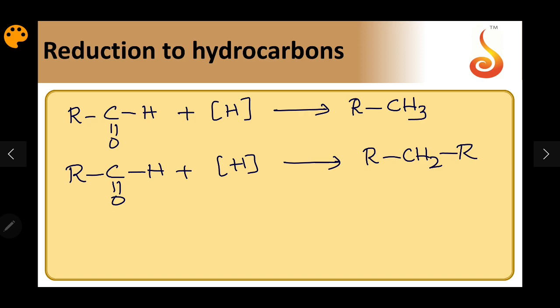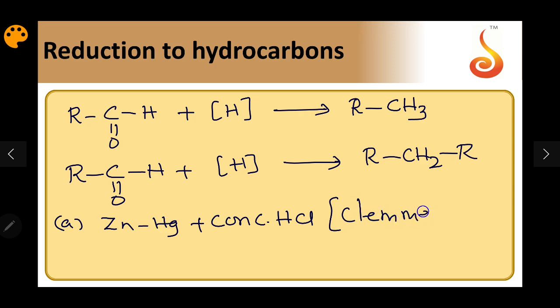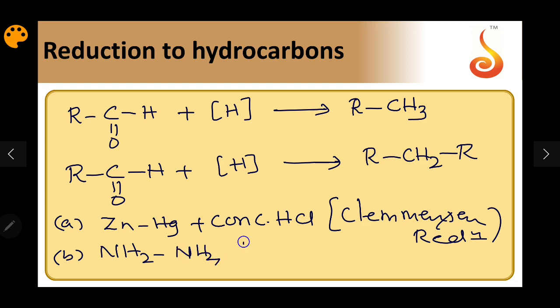The reagents which can do this: first, zinc amalgam plus concentrated HCl, which is called Clemmensen reduction. Second, hydrazine with KOH, which is Wolff-Kishner reduction. These are the two reagents available.